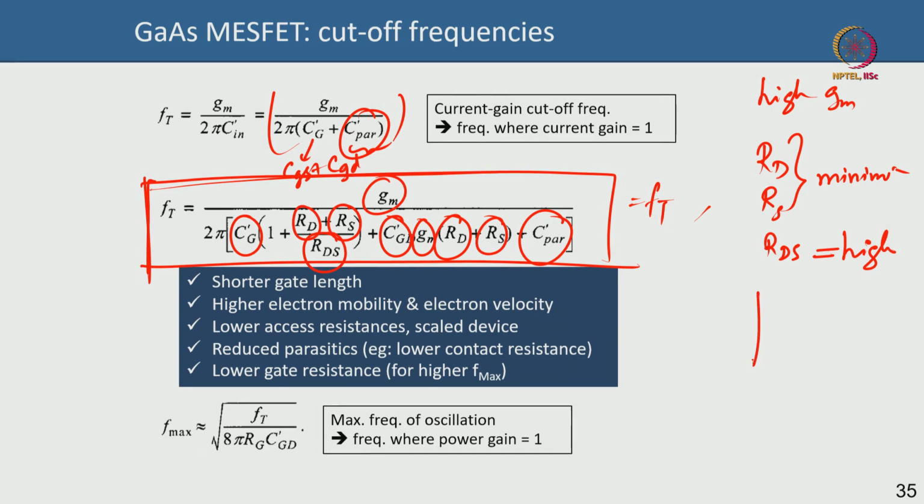That means your current in the output characteristics, ID versus Vd, should saturate, it should not go like this. That will help improve your RDS, and you have to lower your gate source and gate drain capacitances.